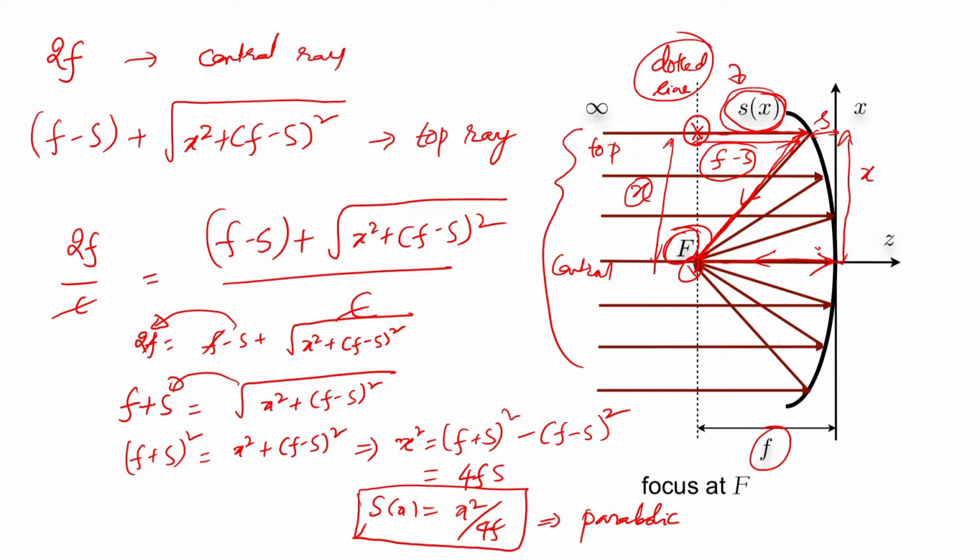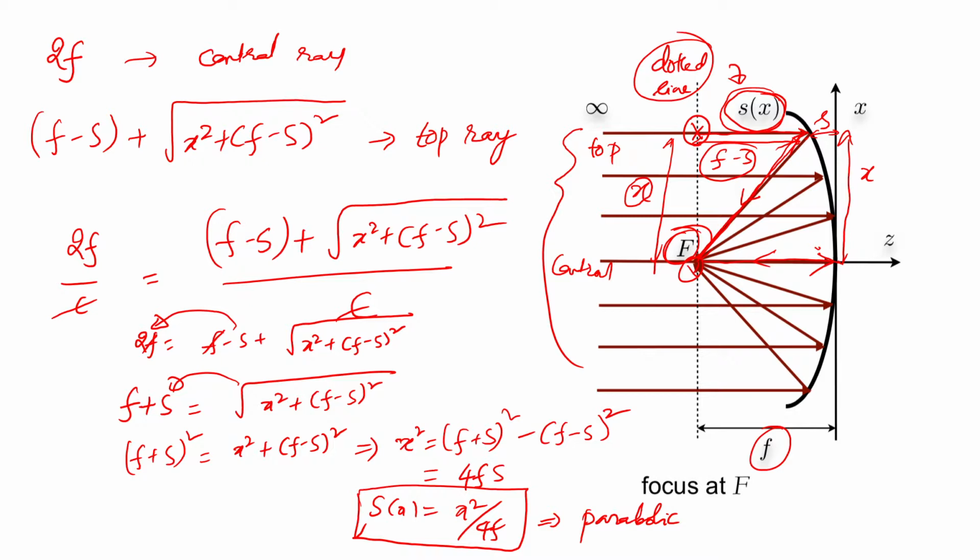So I would like to know what should be the shape of my reflector. I denote that by a symbol s of x, and then I compare the time taken by the central ray and the top ray. They should be equal from Fermat's principle, and just by solving that equation I can arrive at the fact that s of x is equal to x squared by 4f, which is a parabolic reflector, right?